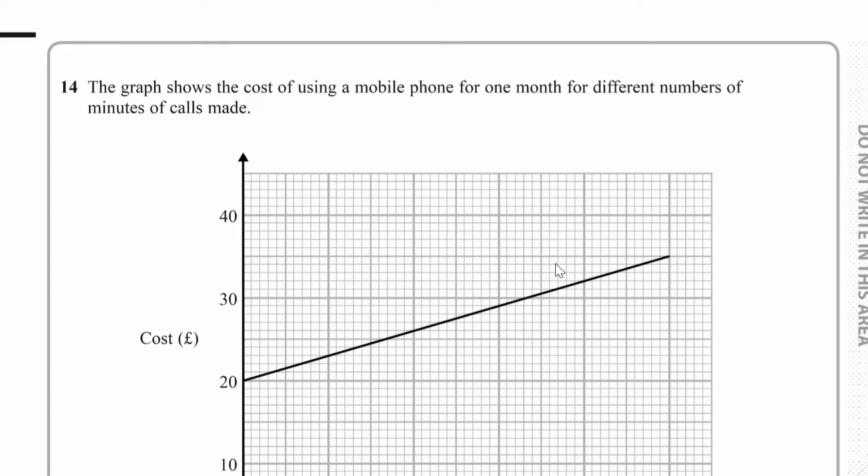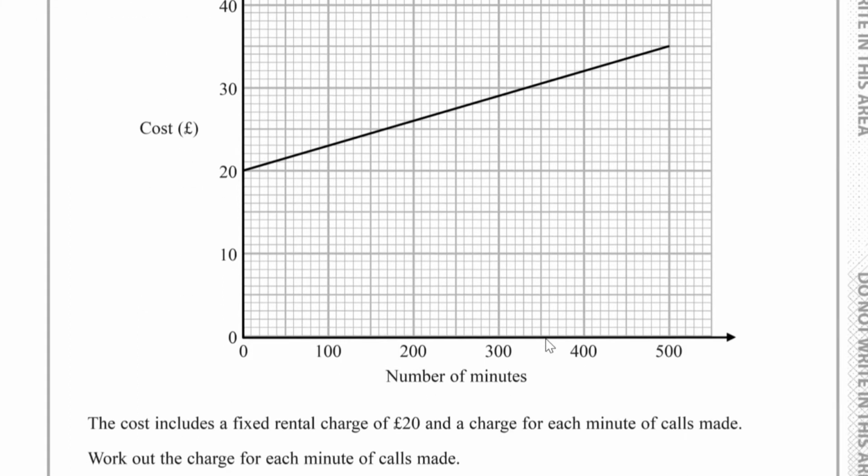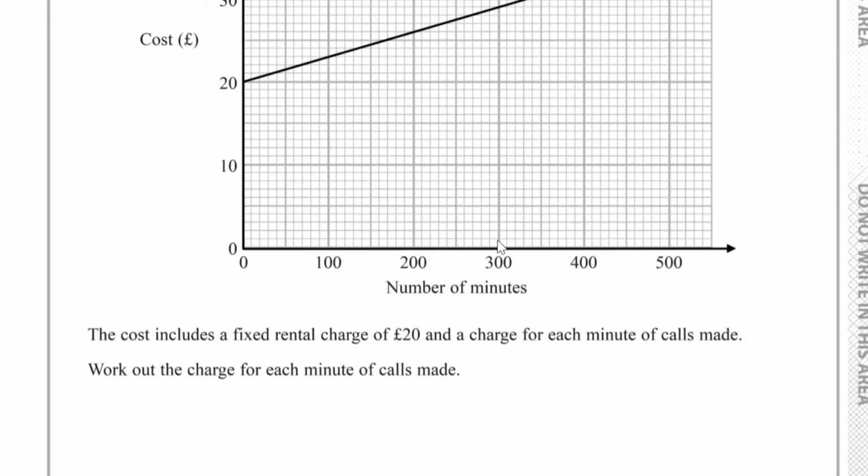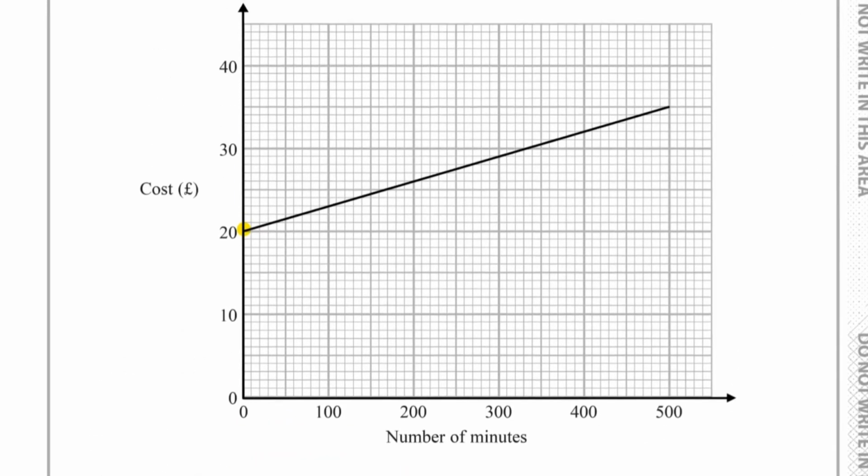Question number 14. The graph shows the cost of using a mobile phone for 1 month for different numbers of minutes of calls made. So we've got the number of minutes and cost. The cost includes a fixed rental charge of £20 as shown here. And then a charge for each minute of calls made. We have to work out the charge for each minute of calls made. Well, what we need to do is find out the gradient of this line.